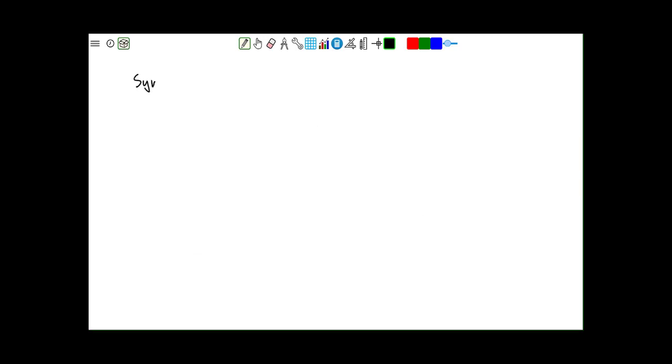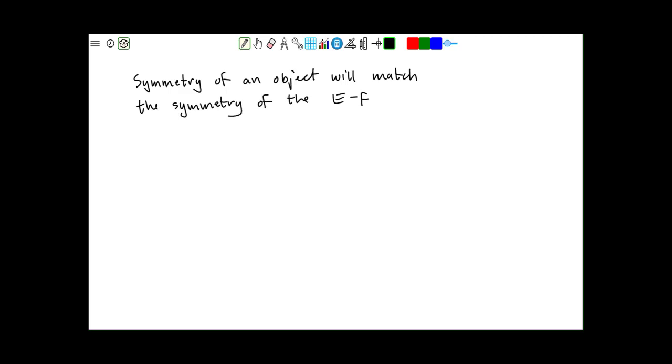The symmetry of an object will match the symmetry of the electric field. So let's see what we mean by a symmetric electric field for the case of something with cylindrical symmetry.